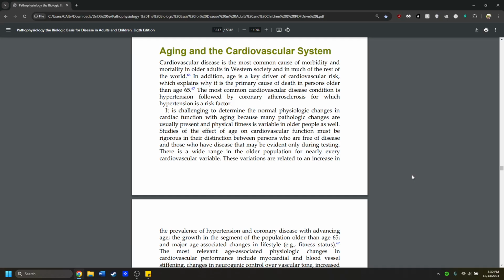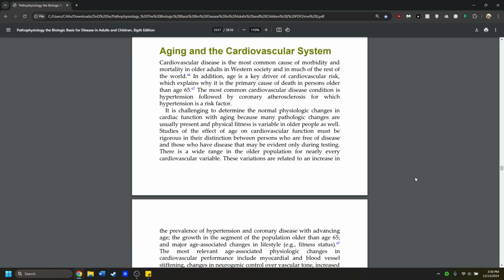It is challenging to determine the normal physiological changes in cardiac function with aging because many pathologic changes aren't usually present, and physical fitness is variable in older people as well. Studies of the effect of age on cardiovascular function must be rigorous in their distinction between persons who are free of disease and those who have disease that may be evident only during testing.